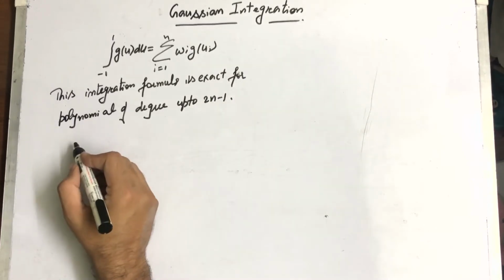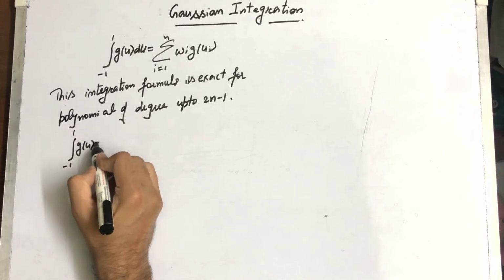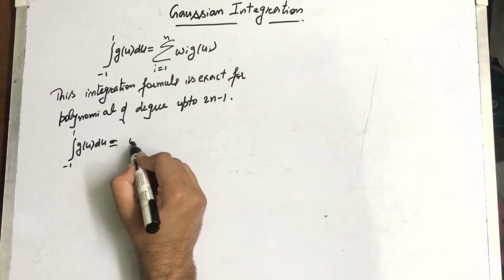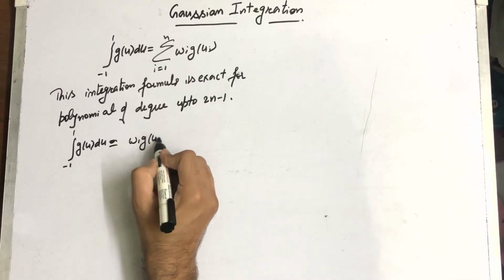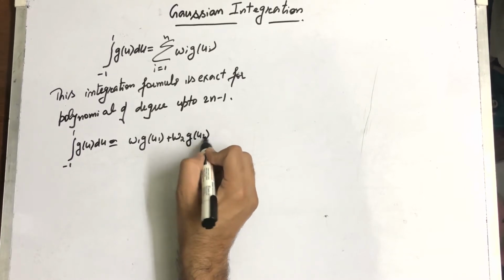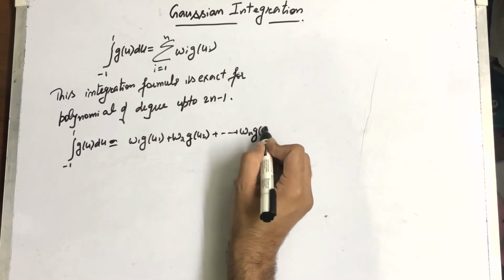That means the integral from -1 to 1 of g(u) du will be approximated by w1 g(u1) plus w2 g(u2) plus and so on, up to wn g(un).